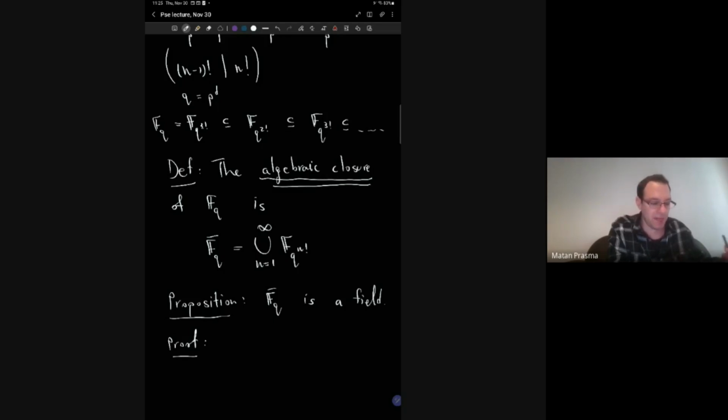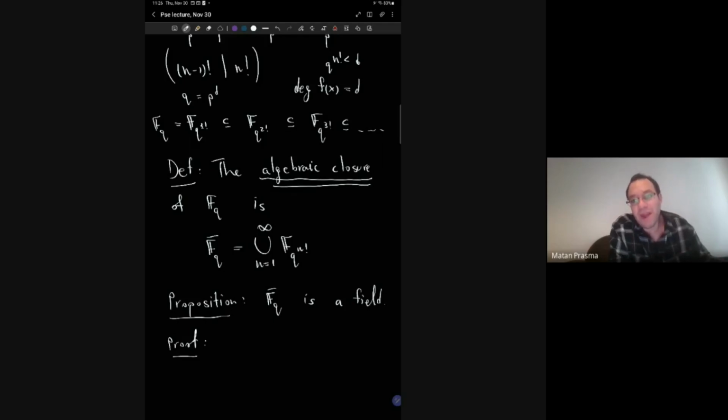Of course, you cannot expect that if I give you a polynomial of degree d, and d is bigger than q^(n!), then f can possibly split over F_{q^(n!)}, because there are only q^(n!) elements, and the degree of f is bigger than that.